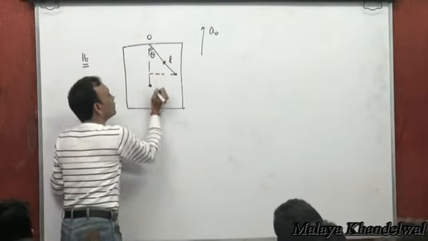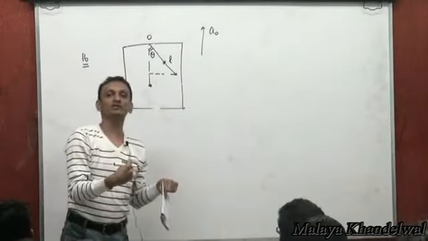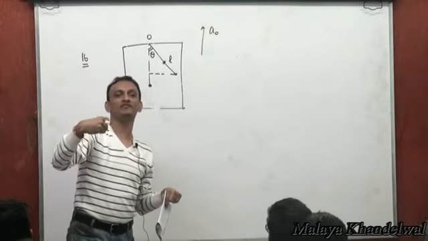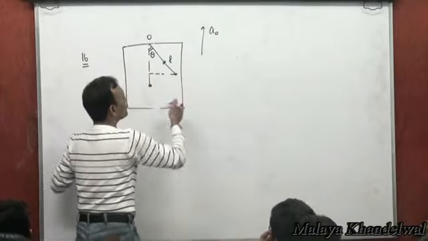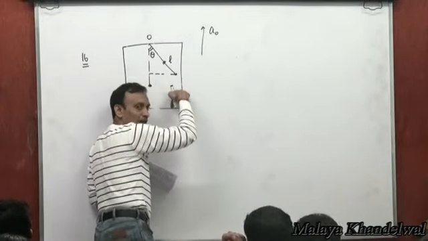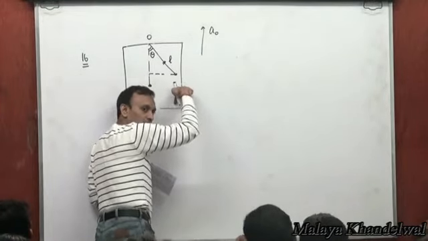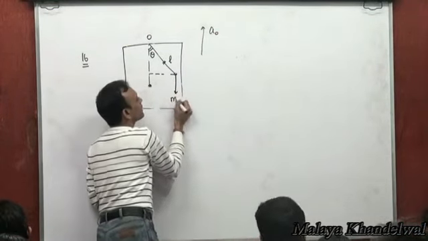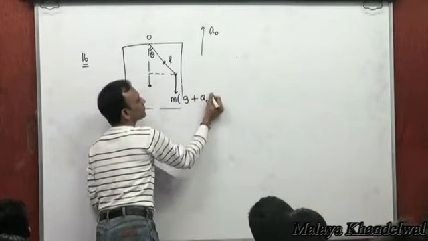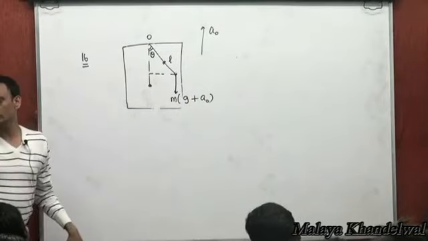Alright, now one thing for sure, we can look at this problem in the frame of reference attached to the cabin, right? So when we do that, essentially we'll add an m a naught like this, so the net force acting on it in this direction is mg plus m a naught, clear?